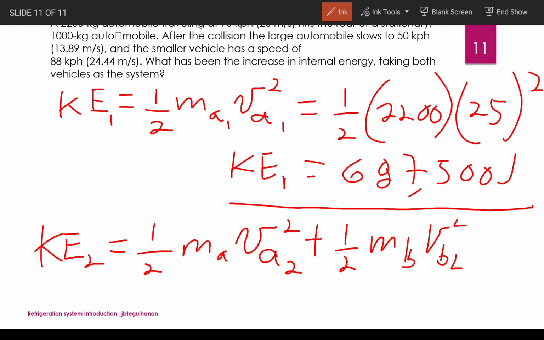Because we are going to account for the collision of the two vehicles here.